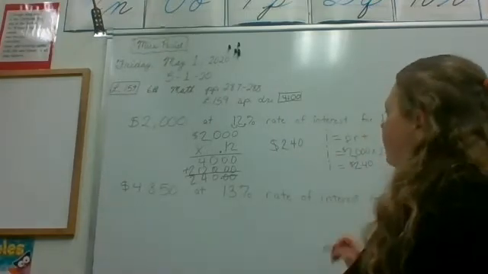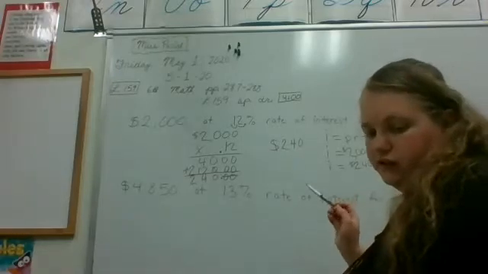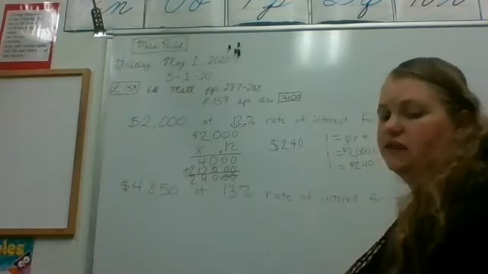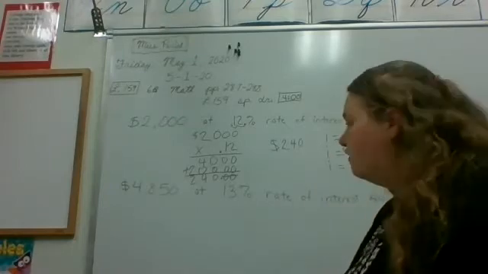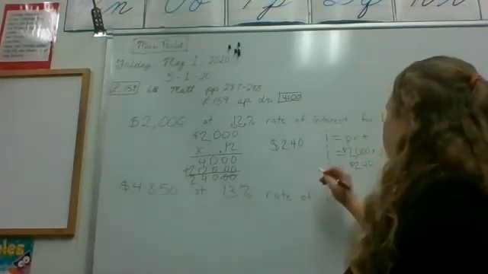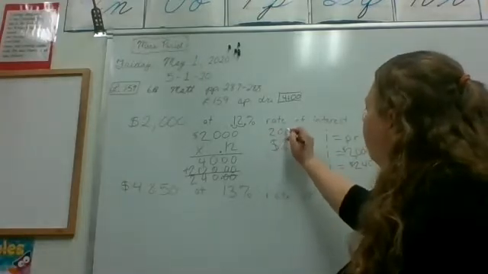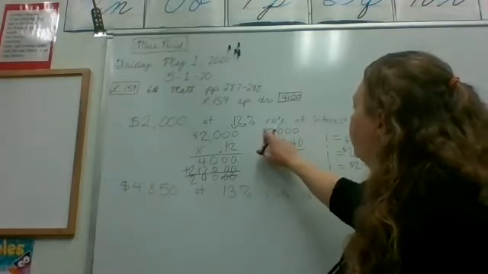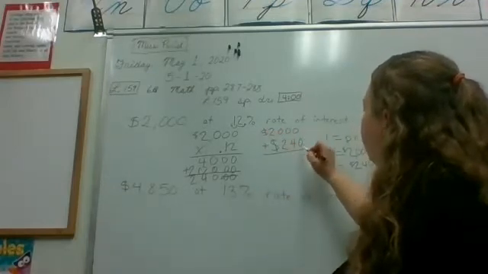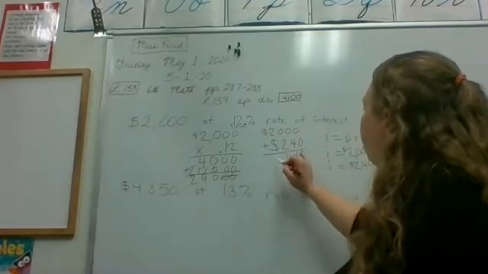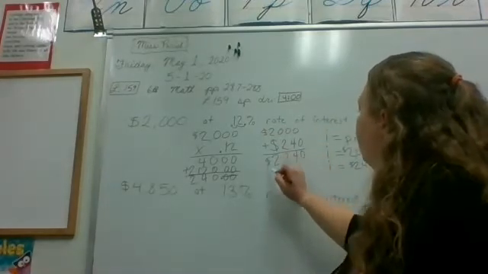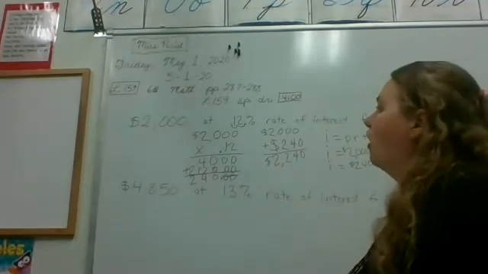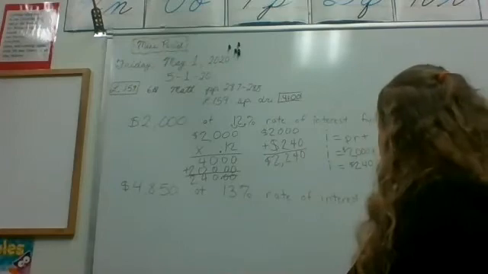So the interest for Mr. Autry, Sam Autry, is $240. So if we were to add that to 2,000, how much would he pay? When we add that, he would pay back $2,240 on that loan, okay?